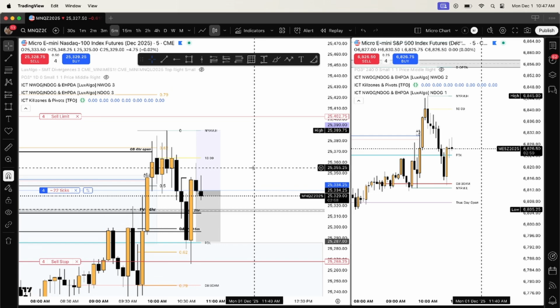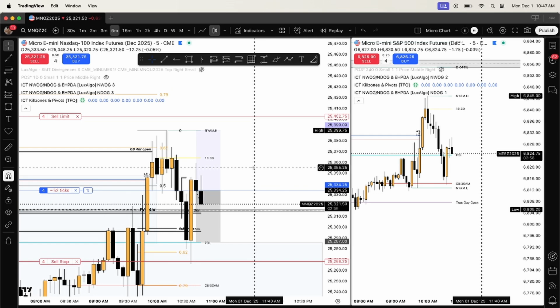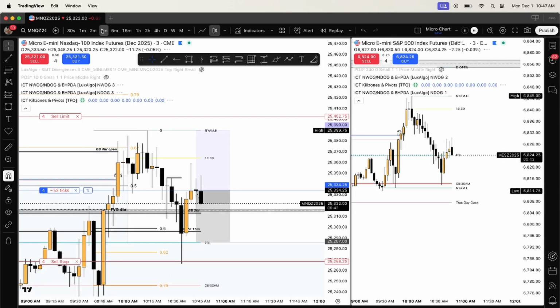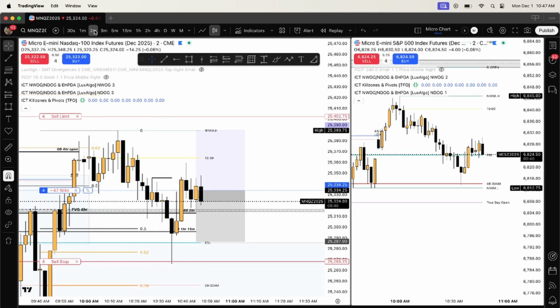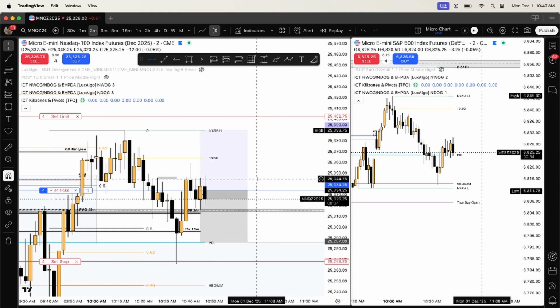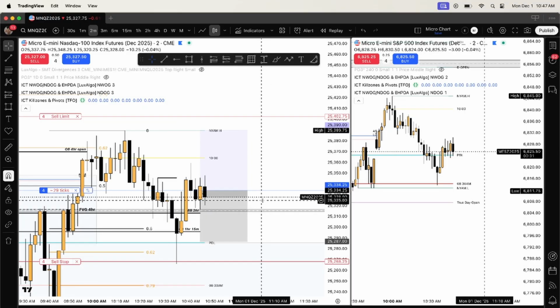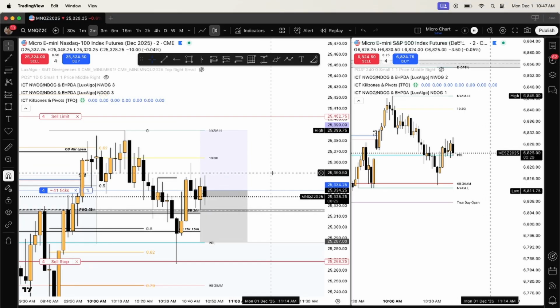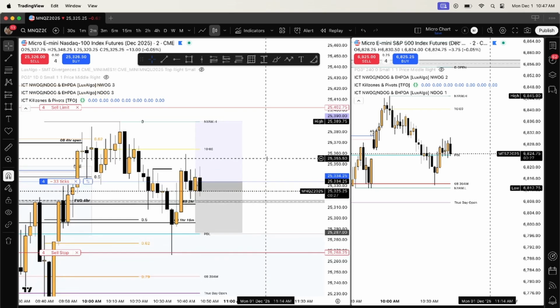Yeah, I mean, we could take those equal lows. Let's watch the 3-minute, 2-minute. Would have been a good trade if I got this RR right here. Would have technically been in profit still.